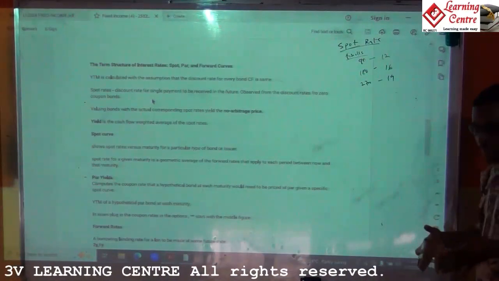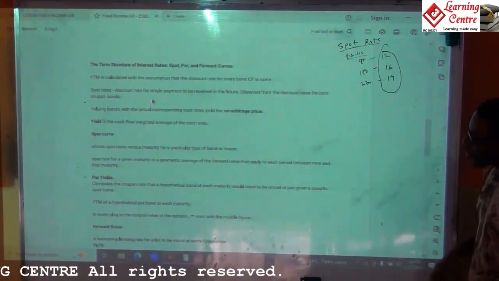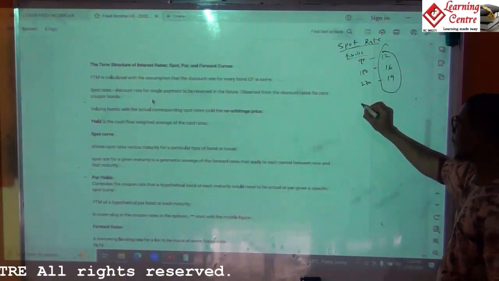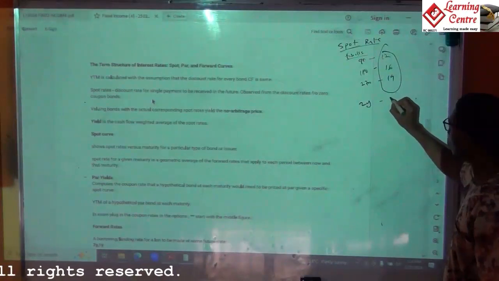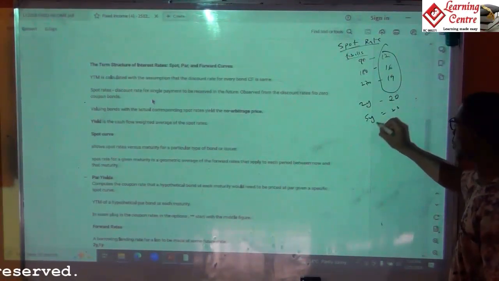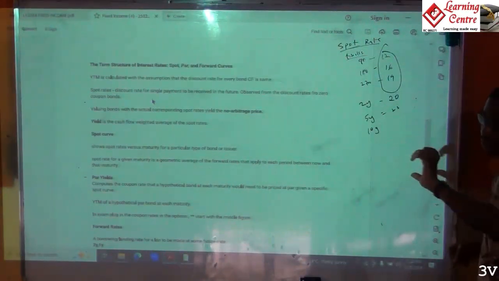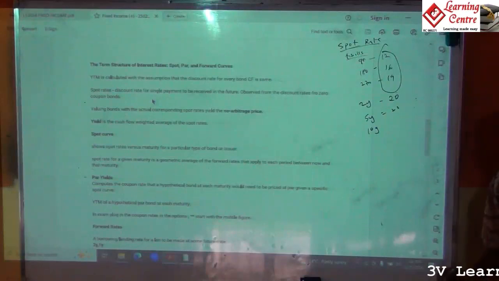And they are being issued today. That is the rate at which these instruments are going for, on zero coupon bonds. And if I have a 2-year bond, that is probably at 20, a 5-year at 22, and a 10-year. All of these, if there are no coupon cash flows, they are zeros.